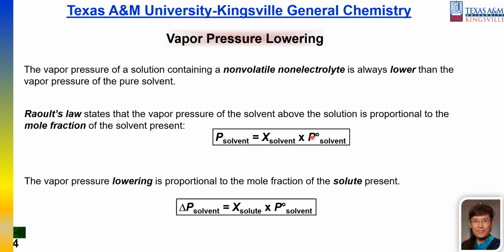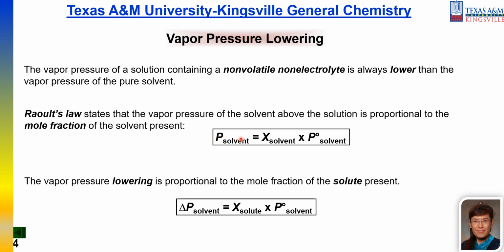How do you determine it? We are going to use a law called Raoult's law. Raoult's law states that the vapor pressure of your solvent above your solution is proportional to the mole fraction of that solvent present.